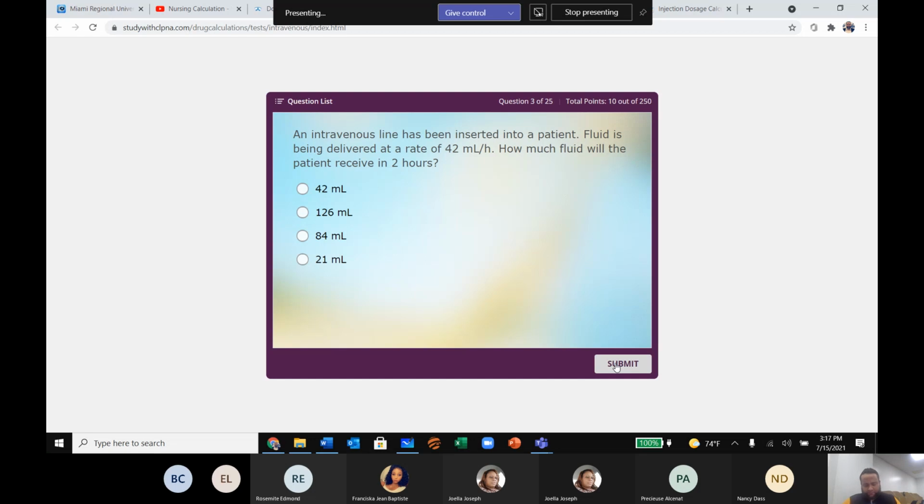The fluid is being delivered at a rate, we have the flow rate at 42 ml per hour, and then how much fluid will the patient receive in 2 hours? 84. What did you do?